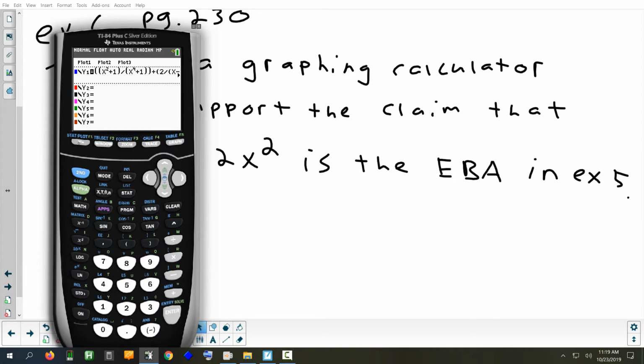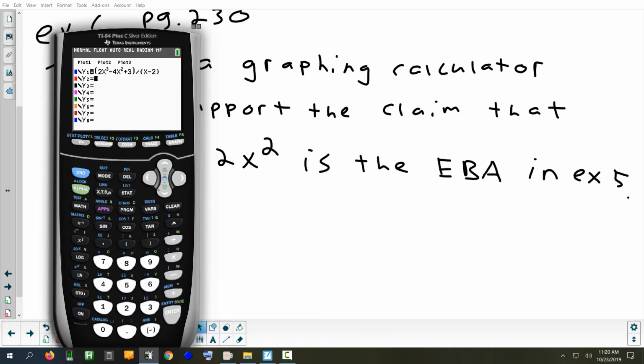Can somebody remind me, what was the numerator? 2x squared. What was it, 2x squared? 2x to the third, yeah. 2x cubed, yep. Minus 4x squared. 4x squared, okay. Plus 3. Plus 3. And was it x minus 2 in the bottom? Yes. Okay. So let's graph that.